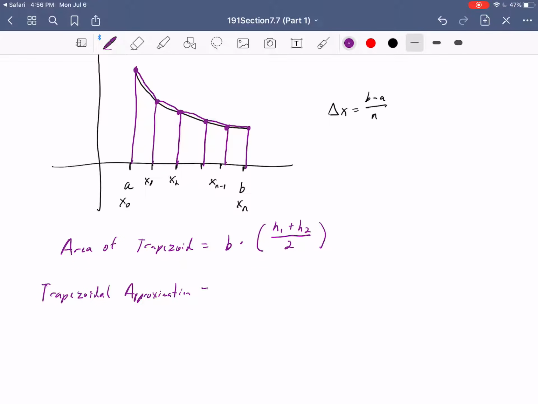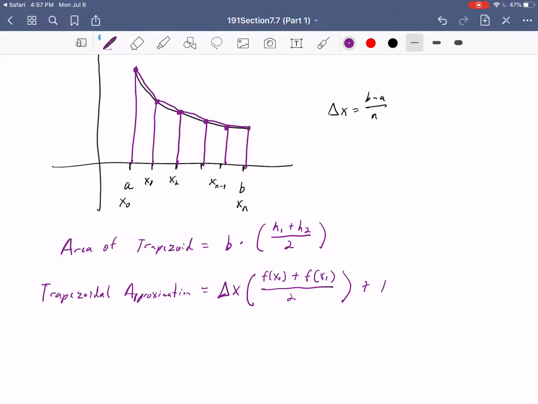Okay, so our first one is going to have base delta x. So we're going to have delta x times the height, which would be f at x0. So f of x0 plus f of x1 over 2.